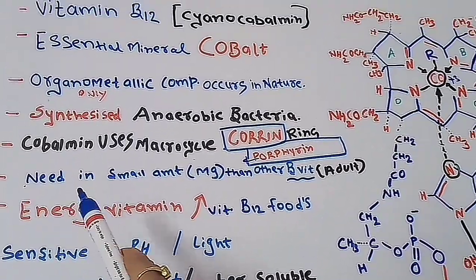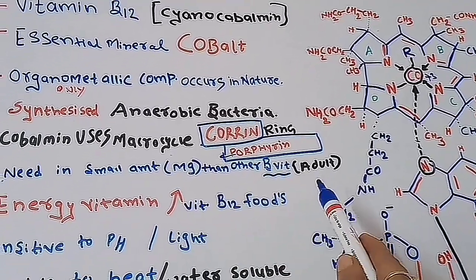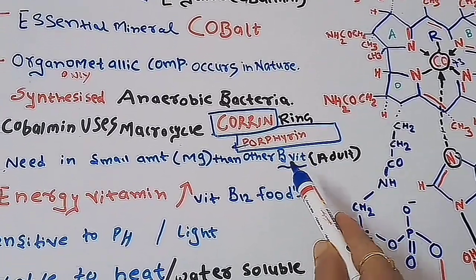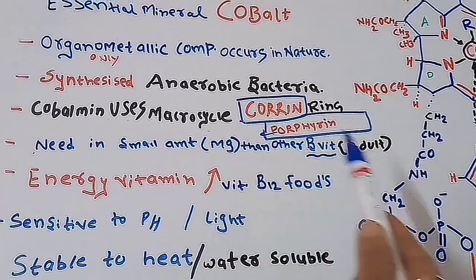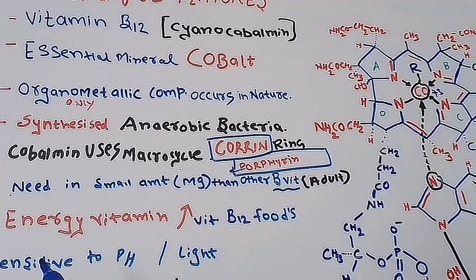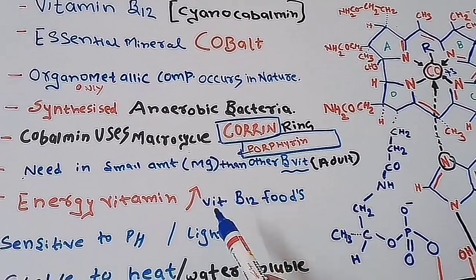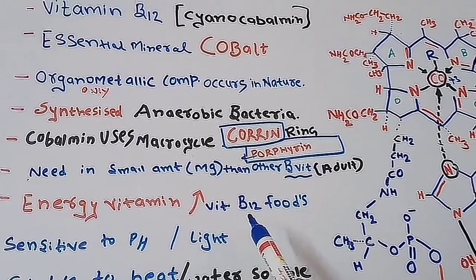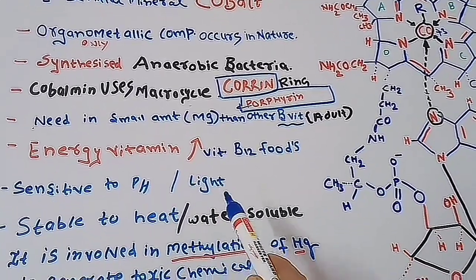And this vitamin is needed in very small quantity, in milligrams only, compared to the other B vitamins which are needed by adults. It can also be termed the energy vitamin, as it increases energy when vitamin B12 foods are taken. It is very sensitive to pH and light.